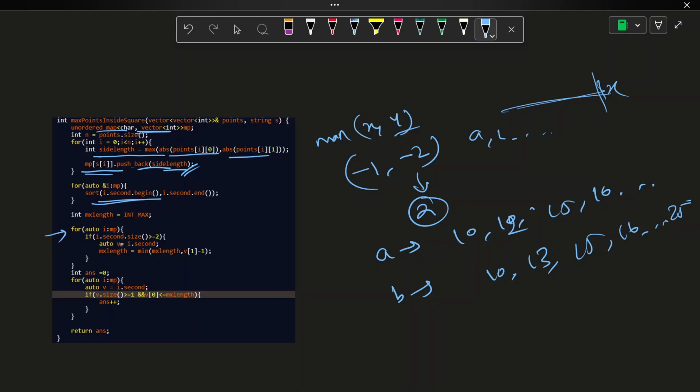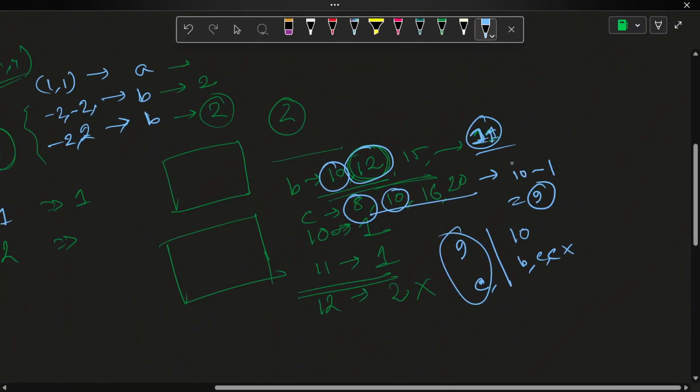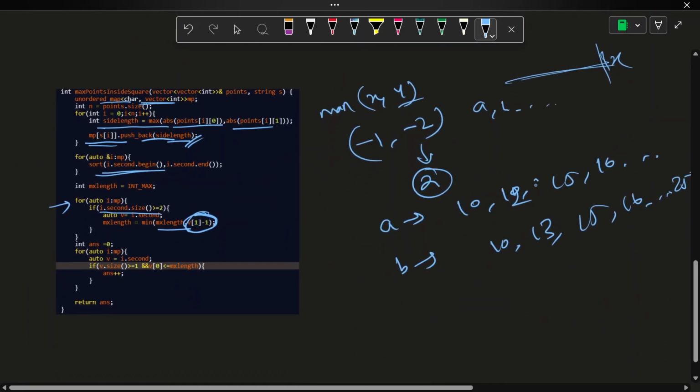So I am traversing the map and checking if there are 2 or more positions, then the maximum side length will be the second minimum minus 1. Like in this example I have shown, first I will get 11, then I will get 9, so 9 will be the answer, the maximum side length.